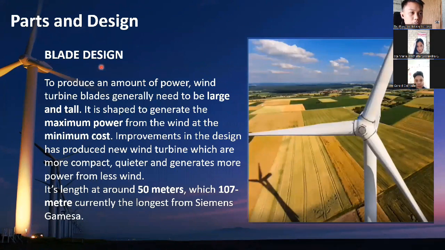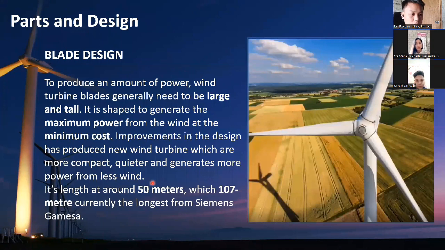And yung blade design. To produce an amount of power from wind, turbine blades generally need to be large and tall. It is shaped to generate the maximum power from the wind at the minimum cost. Improvement in the design has produced new wind turbines which are more compact, quieter, and generate more power from less wind.